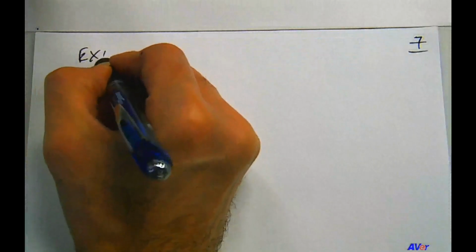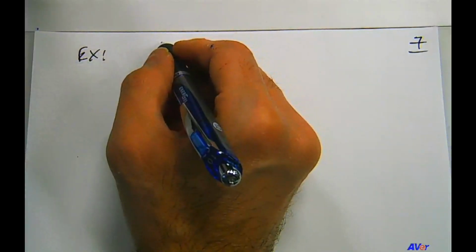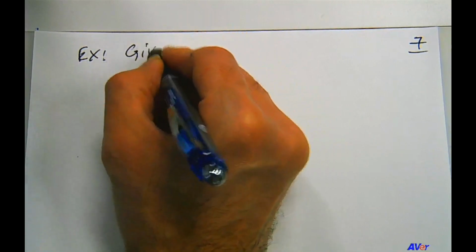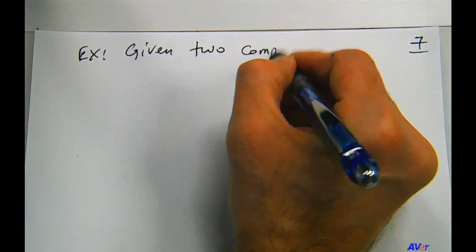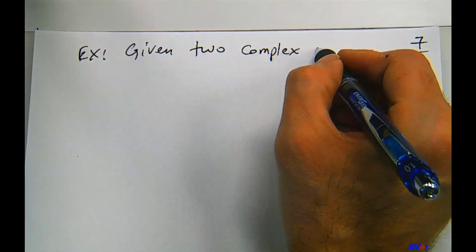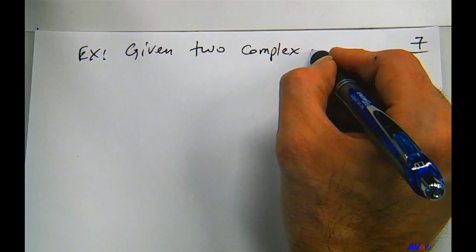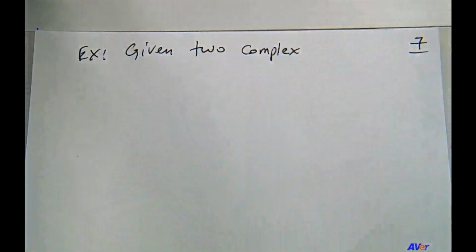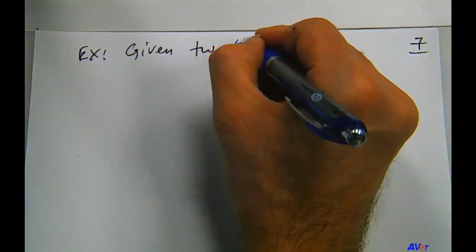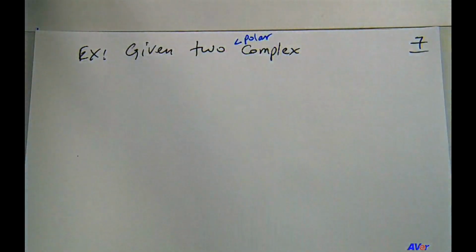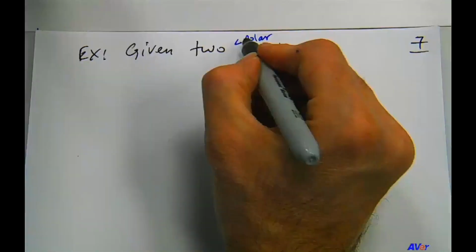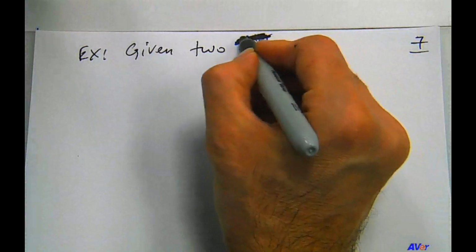So in this example, given two complex numbers, actually these are straight complex numbers, so not yet polar.